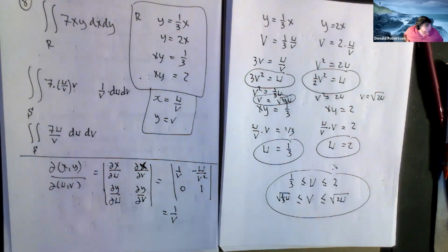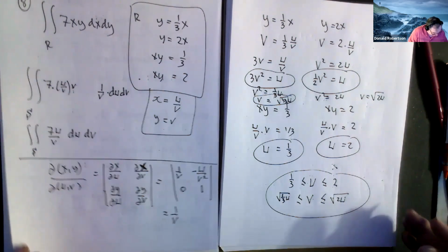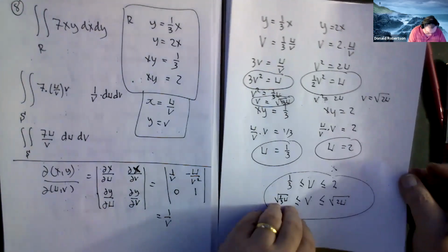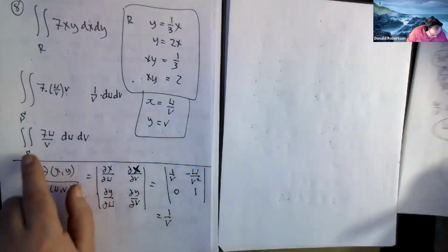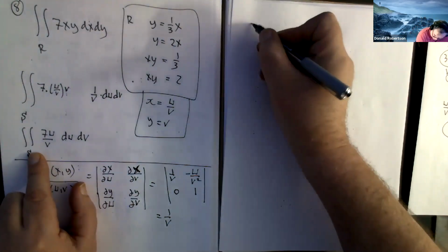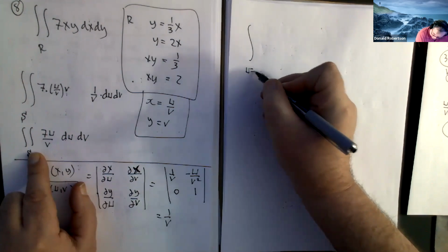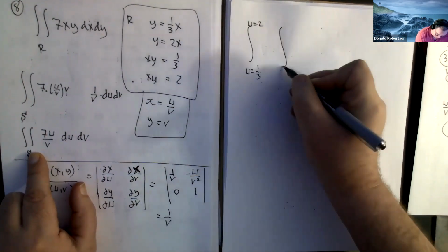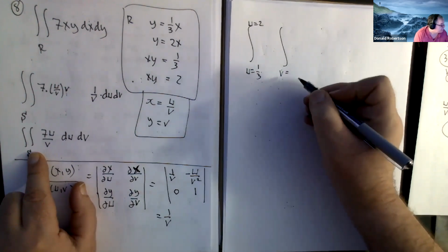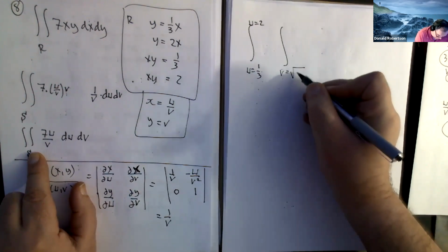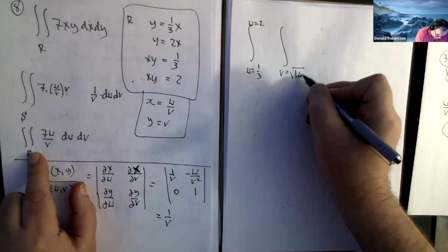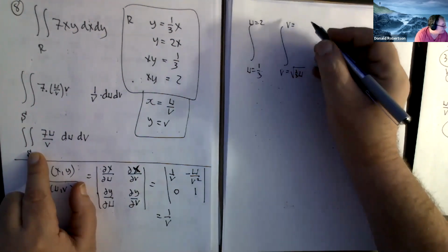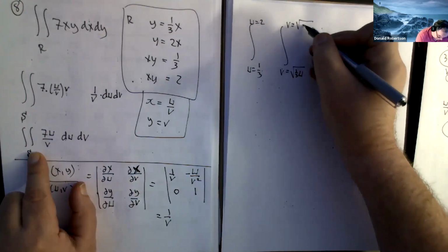Which means that we can now go to our integral. It's going to be the integral from u equals 1/3 to u equals 2, v equals the square root of 1/3 u to v equals the square root of 2u.